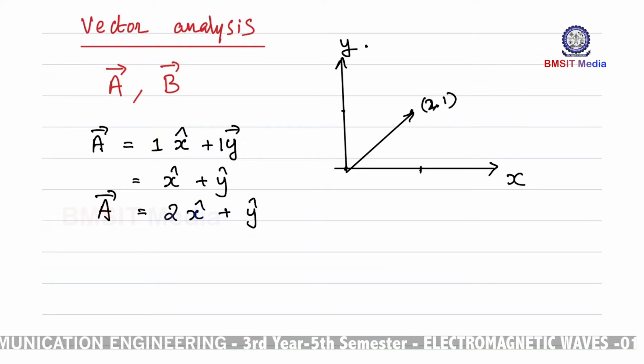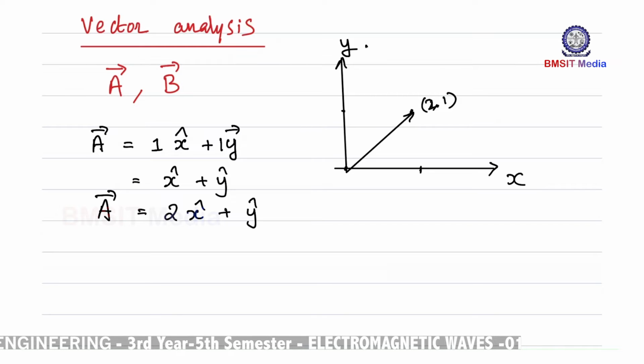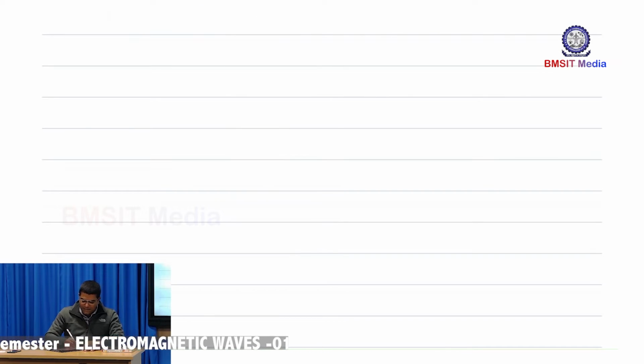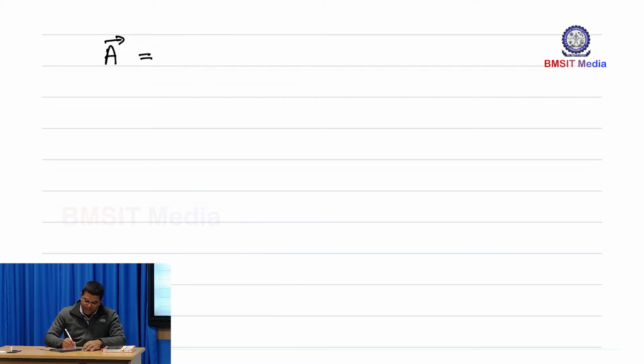If there are 3 dimensions, for example in the Cartesian coordinate system, we will have 3 directions, x, y and z. So in 3 dimensions when you represent a vector, again we can write vector A equal to, suppose, 3 times in the x direction plus 4 times in the y direction plus maybe 2 times in the z direction.